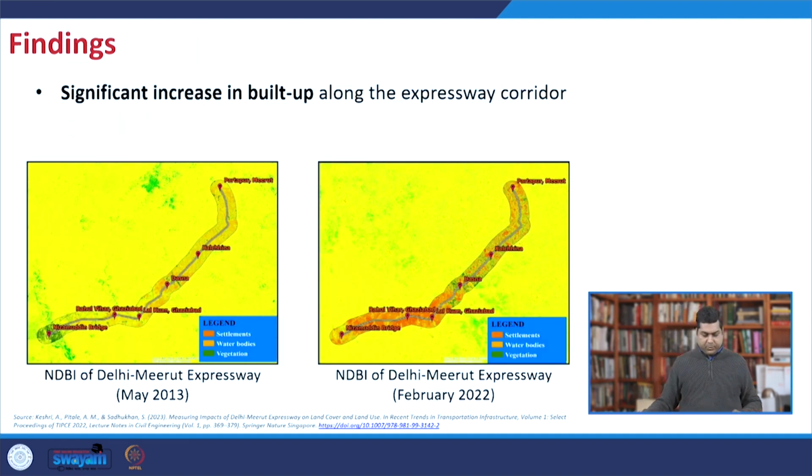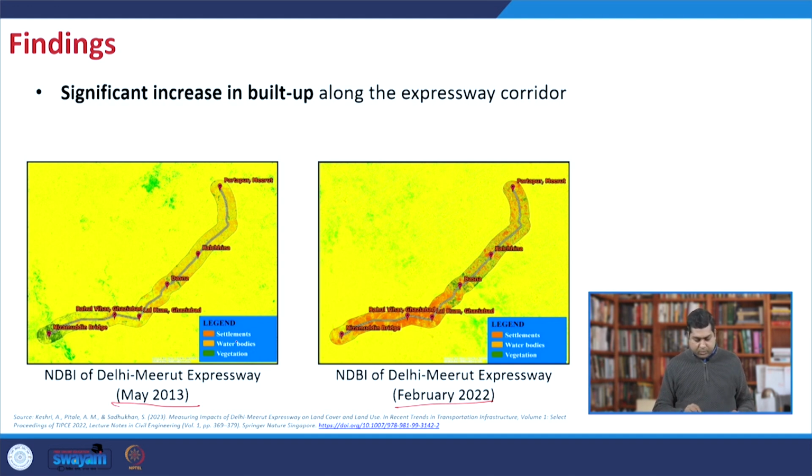Now, findings: you see there are before and after situations. This is May 2013 and this is February 2022, and this is about the built up. You can see all these 6 points, from Nizamuddin Bridge to Meerut, and there are a few other points, and you can see how it changes.